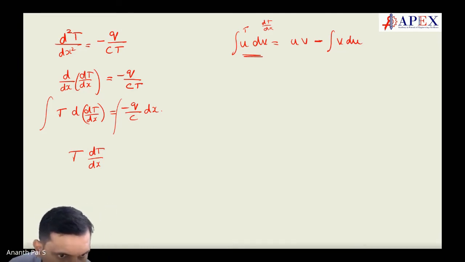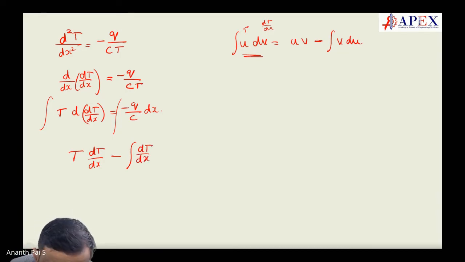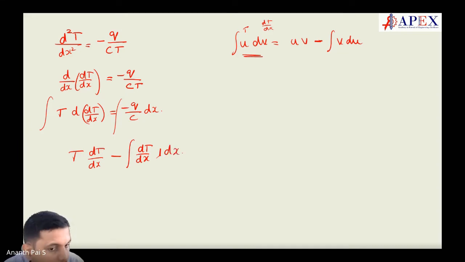So here t into dt by dx, uv minus integration of v du. v is dt by dx. What is du? It's 1. Observe here. It is coming down, 1 du, 1 dx. Makes sense?